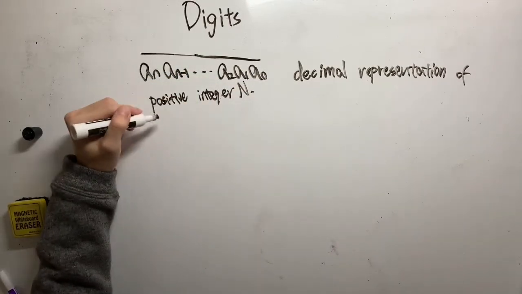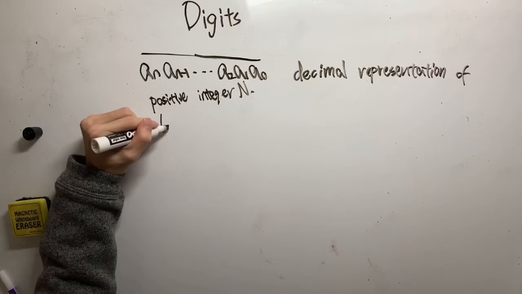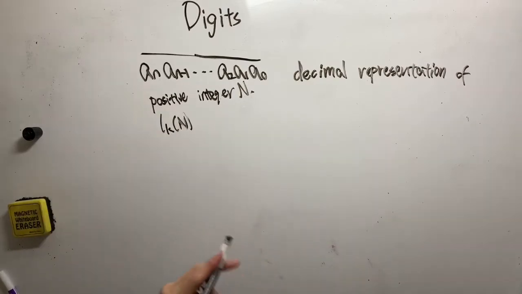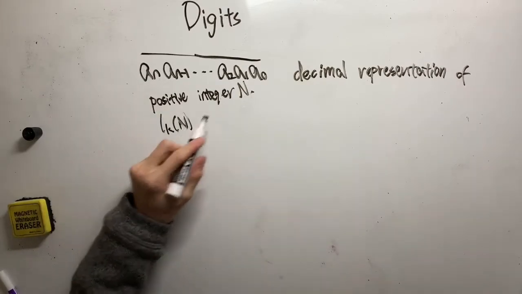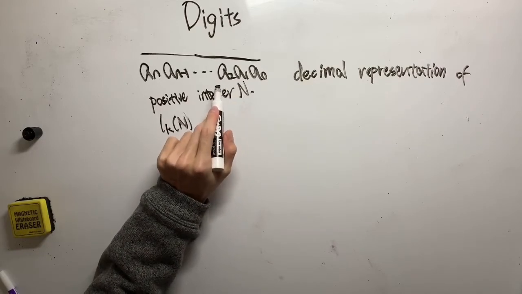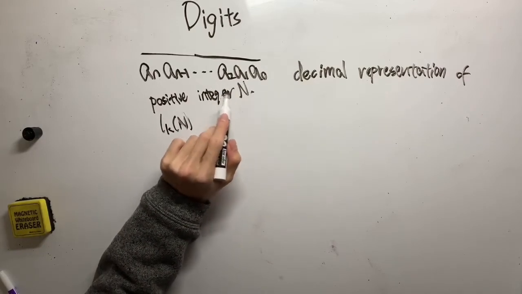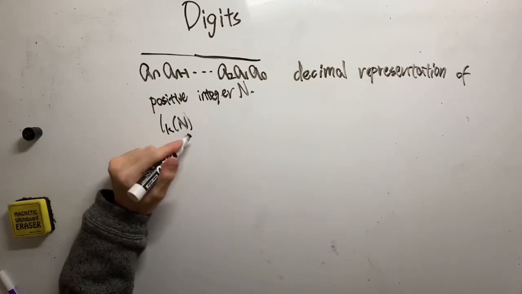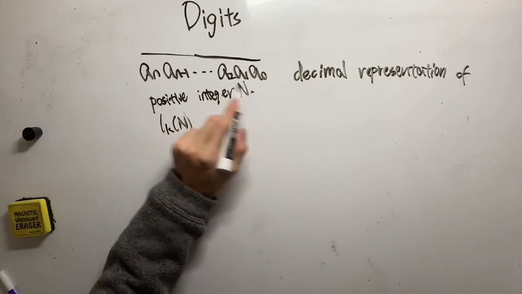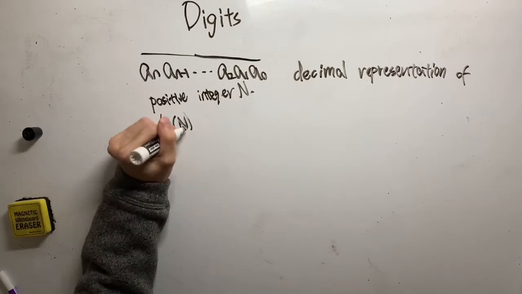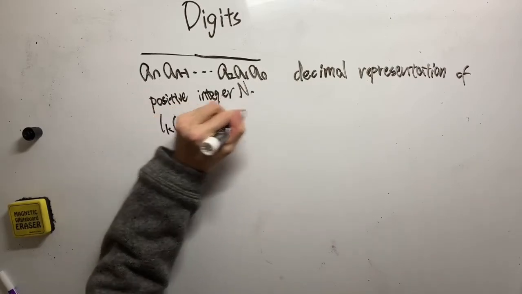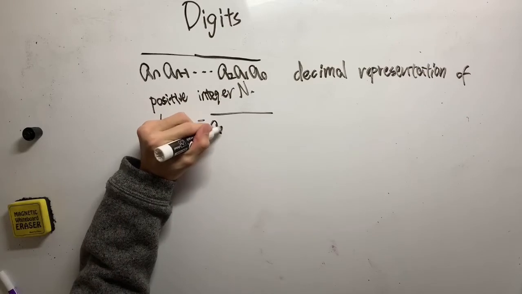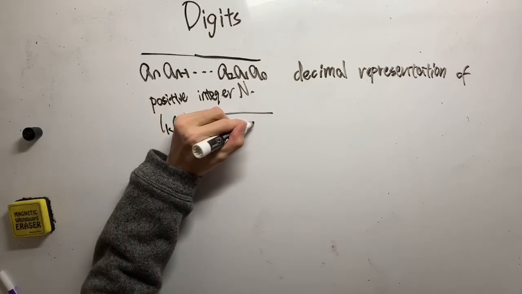Then let's denote L_k(n). For example, if k equals 4, then this means the last 4 digits of this integer n. So let L_k(n) be the last k digits of this integer n. Then L_k(n) equals a_{k-1} until a0.